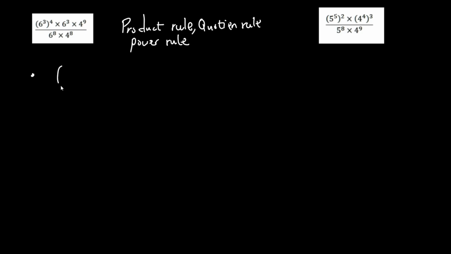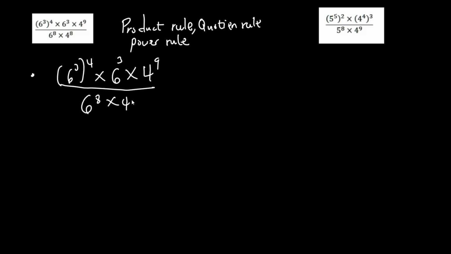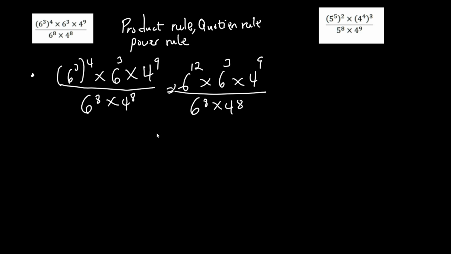Now, we have 6 cubed raised to the power 4 times 6 raised to the power 3 times 4 raised to the power 9, all over 6 raised to the power 8 times 4 raised to the power 8. Over here, using the power rule, the 3 is going to multiply the 4, so we have 3 times 4, which gives us 12, times 6 raised to the power 3 times 4 raised to the power 9, all over 6 raised to the power 8 times 4 raised to the power 8.